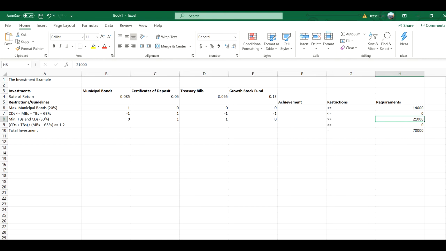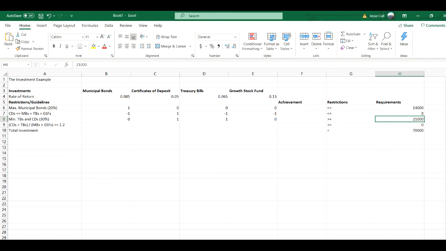That is one of the drawbacks of Excel. There are faster ways to do this, but I prefer to be thorough and clear for you. And the last one. We hit enter, and there we go.